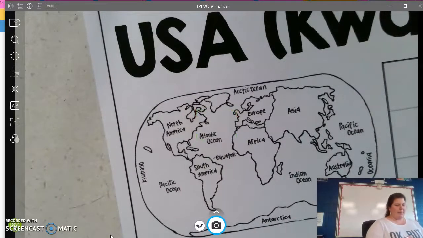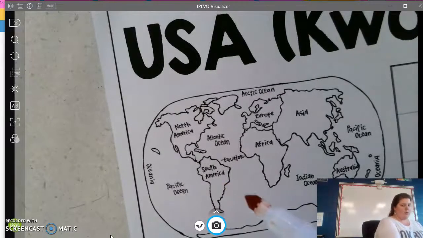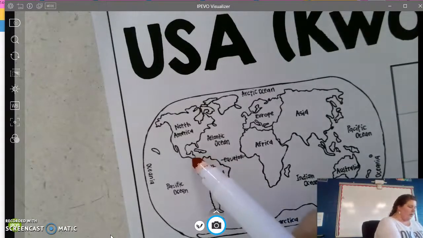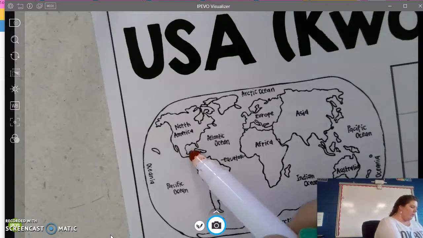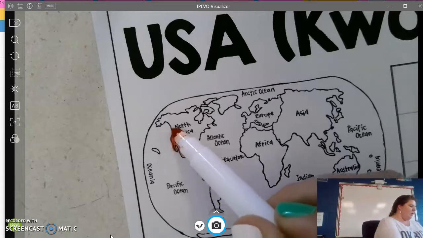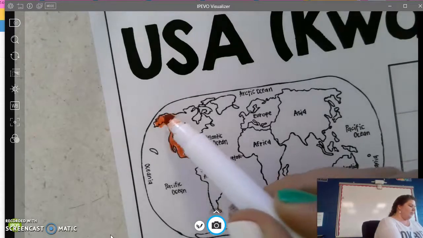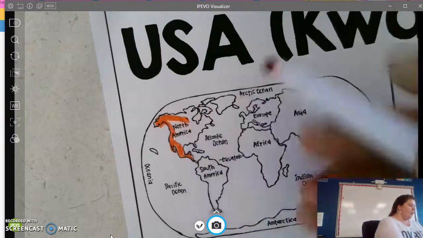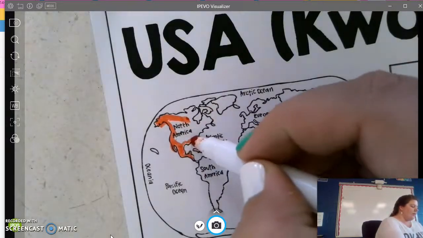So we're looking at our map, and this time, because Kwanzaa is celebrated a whole bunch of places, we are going to color in all of North America. Okay? So all of this section. Just where different people live.